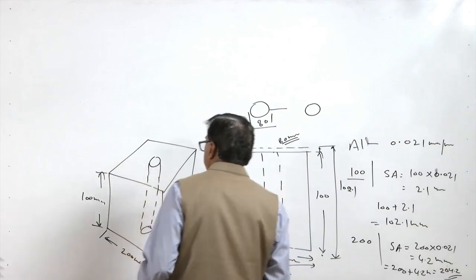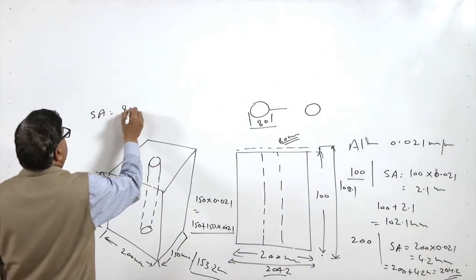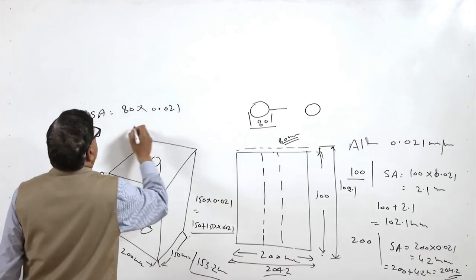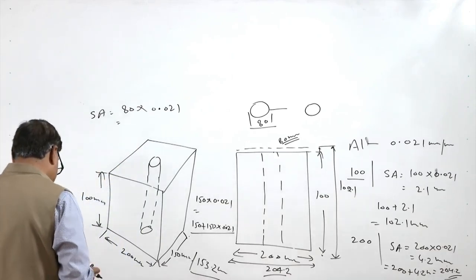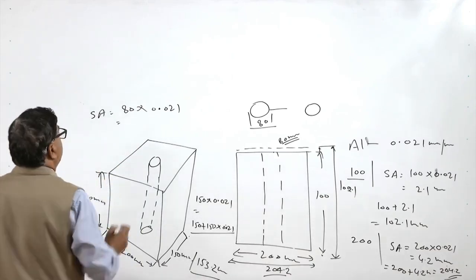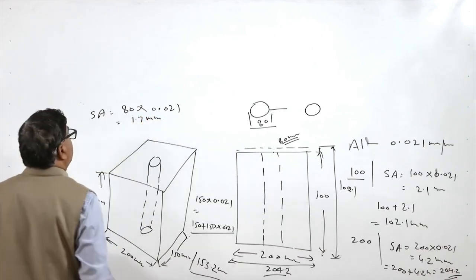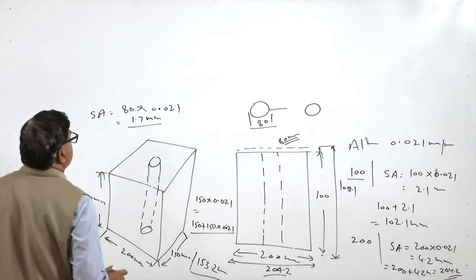For that purpose, the shrinkage allowance will be 80 multiplied by 0.02, which will give us the value of 1.7 mm, and this is to be reduced.